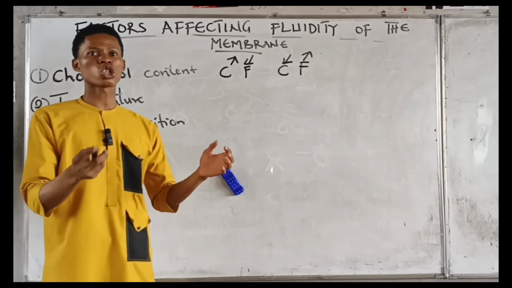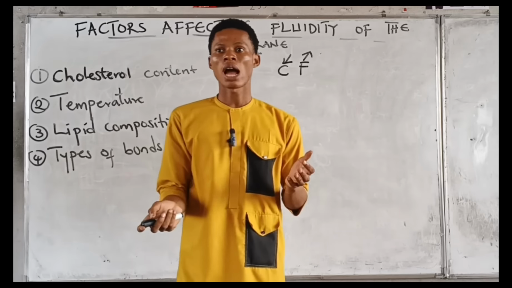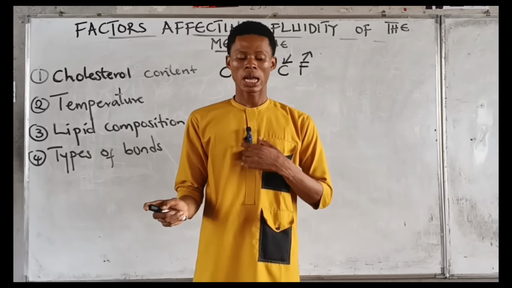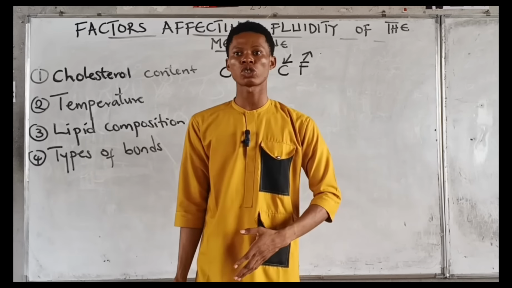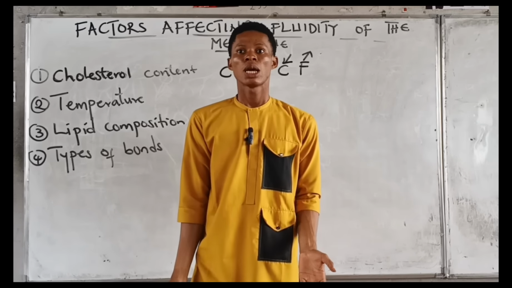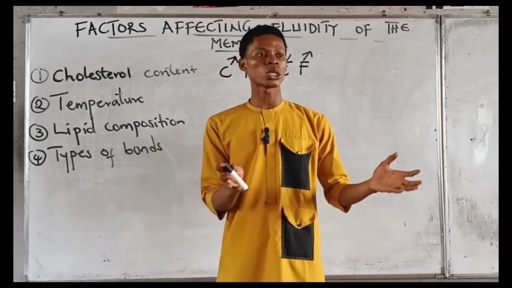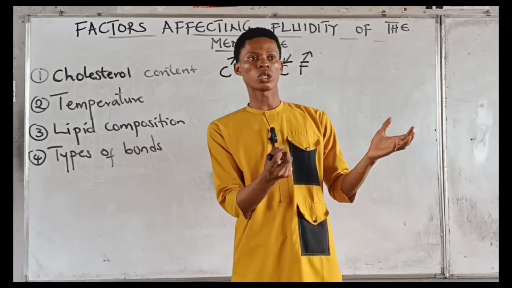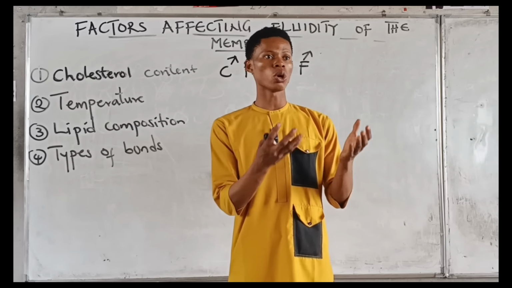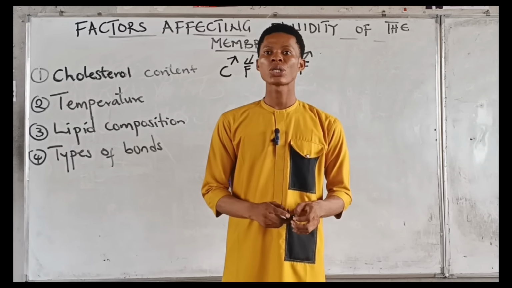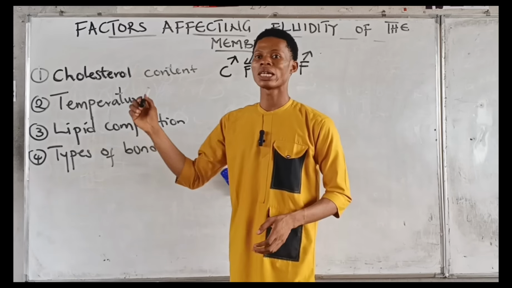So the relationship between the concentration of cholesterol and fluidity, is it directly proportional or inversely proportional? Inversely, right? As cholesterol is increasing, the fluidity will be reducing, while if cholesterol is reducing, the fluidity will increase.